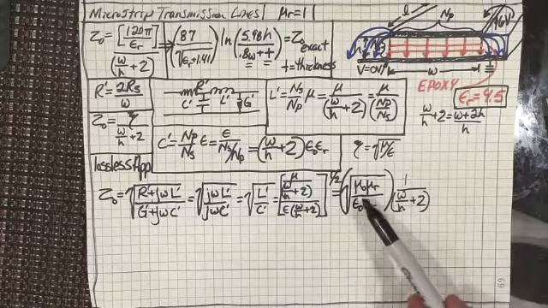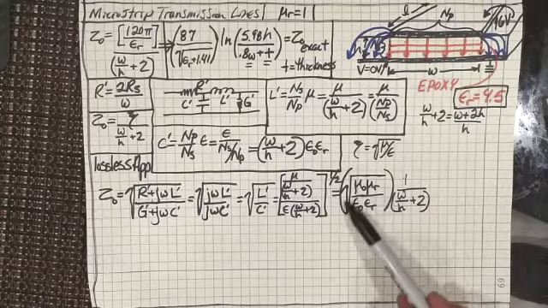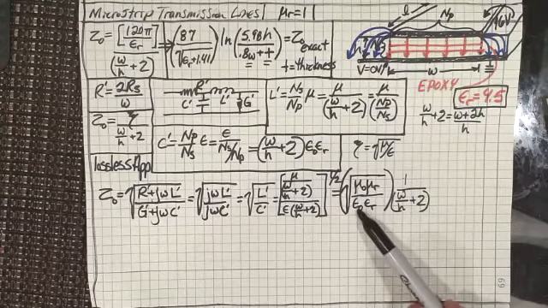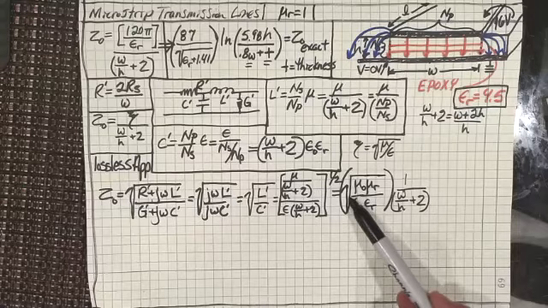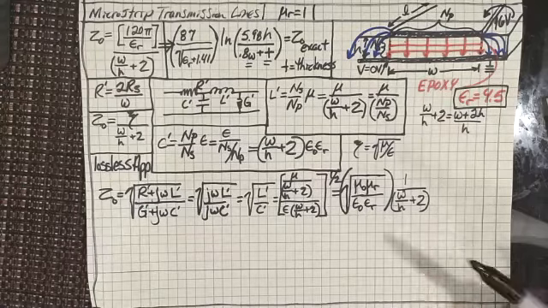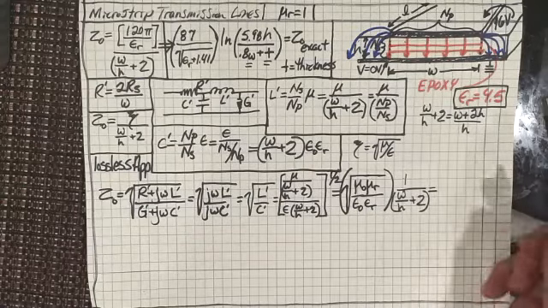Okay? Now, if I actually work this out here, mu sub r equals 1. Mu sub o over epsilon sub o taken to the square root equals 377 ohms. And then I've got epsilon sub r here too, don't I?